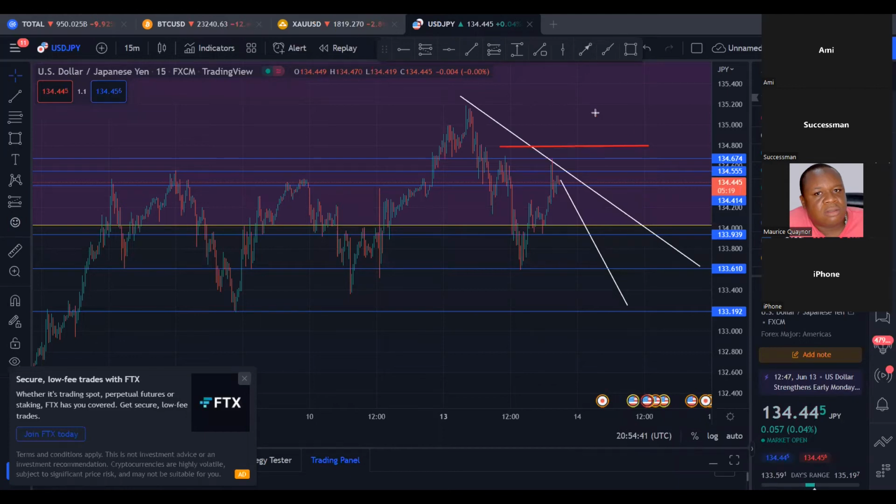Sorry, this is too high. I'll put it somewhere here. So if my entry is here or here, my stop loss will be there. Why will it be there? It will be there because market can even move as high as this level before continuing in my direction.